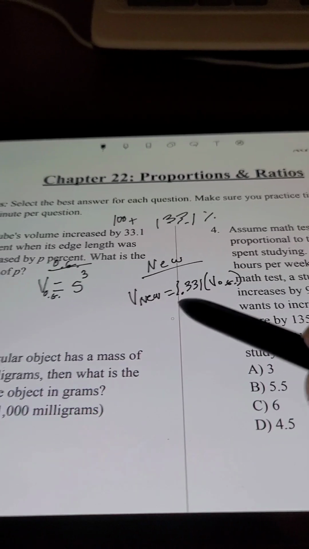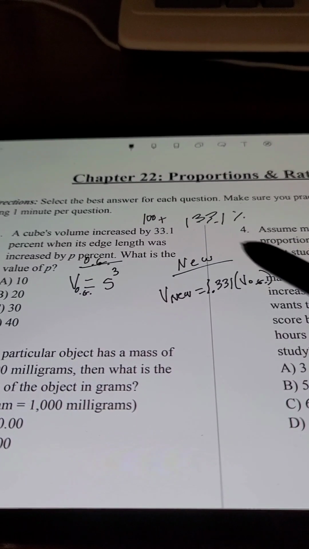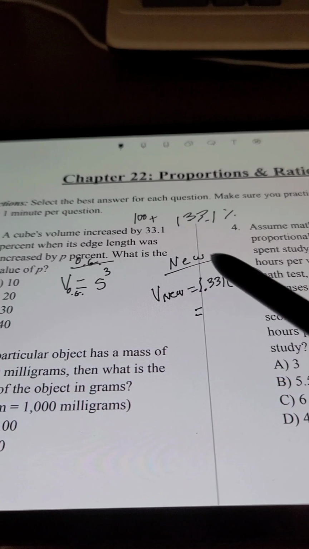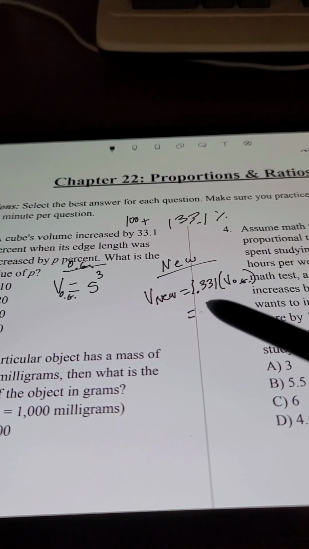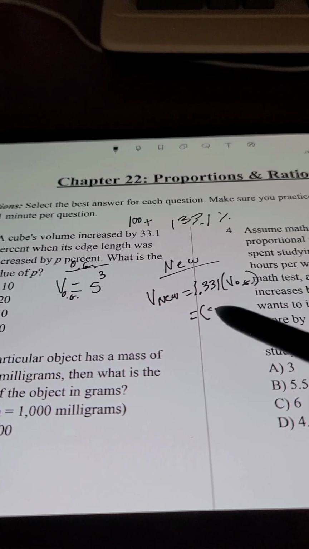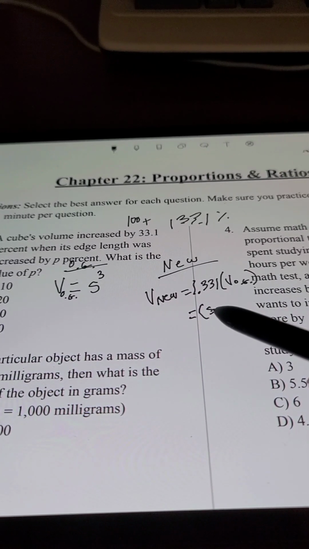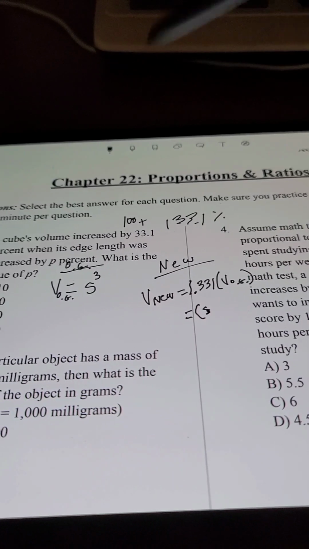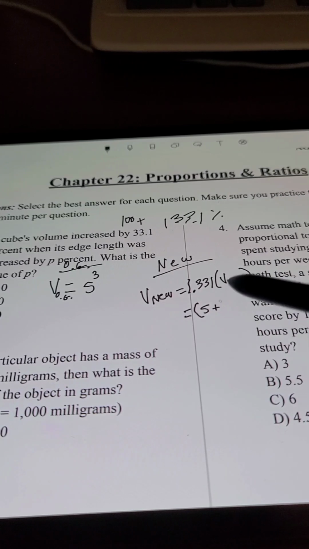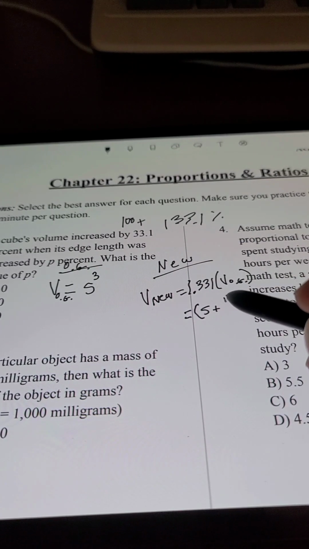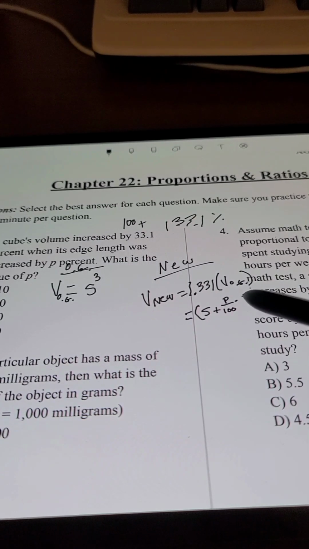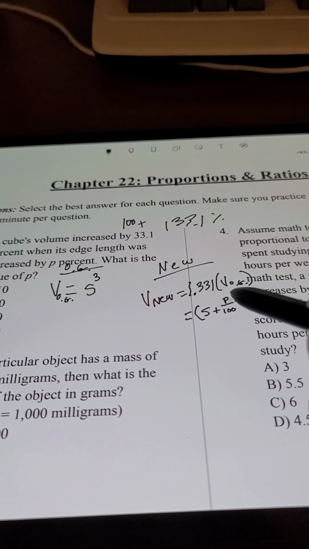We can also say, for the part that we just read about, the edge length increasing by p%, I know volume of a cube is equal to the side length cubed, and this new side length is going to be increased by that p%. So the new side length is going to be the original side length, s, plus p over 100 times the original side length, because it's increasing by that many percent.